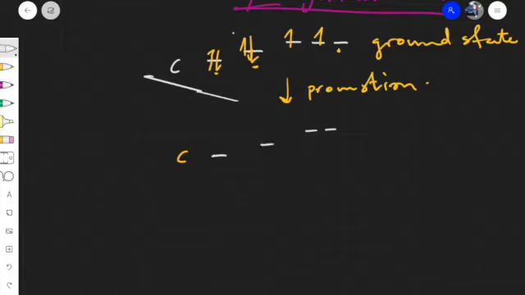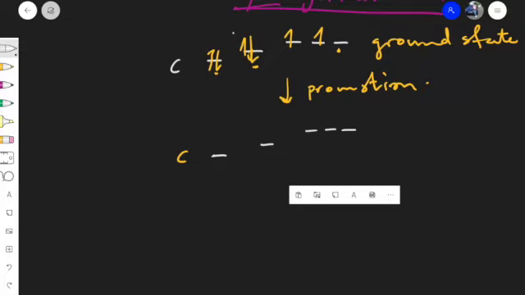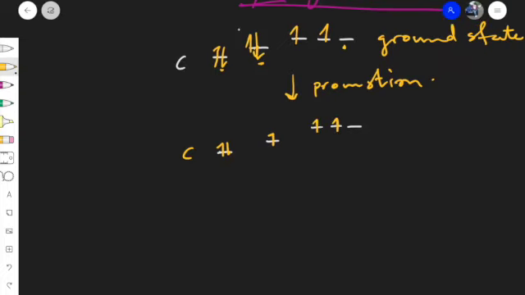Let me undo that, so that we'll have something like this. This electron has now been promoted to this orbital, and that's why we are going to have this configuration. But this is going to be taken to another level, and the orbitals are going to be hybridized.